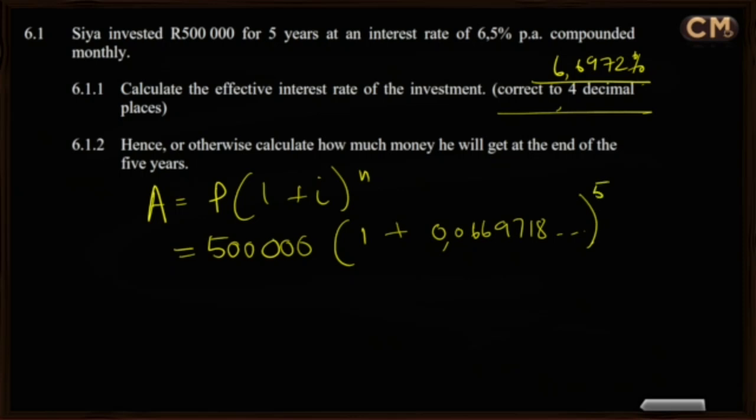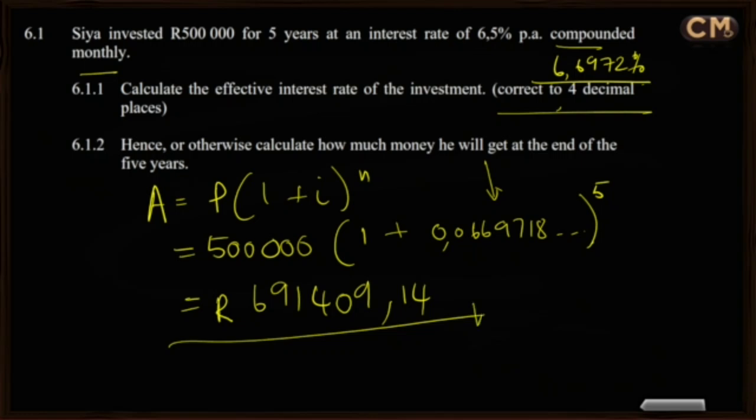And then, of course, that is to the power of 5, because we already baked in, remember, all of this monthly compounding into this interest rate. That's why we use it as is, and that'll give you 691,409 Rand and 14 cents in the South African context. Rands and cents, as they say.